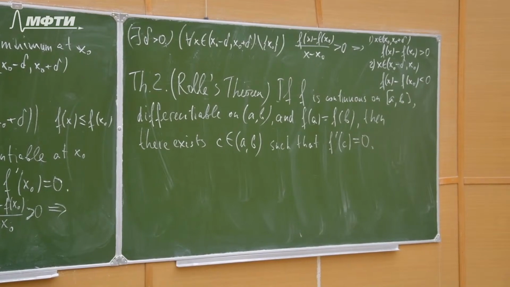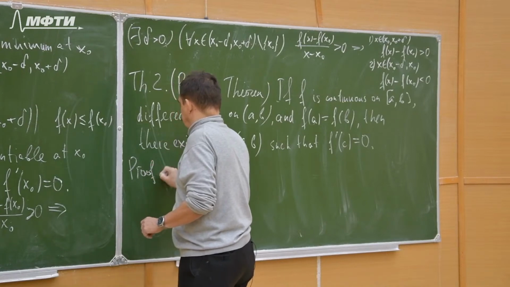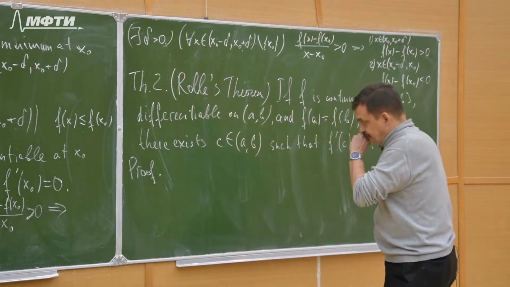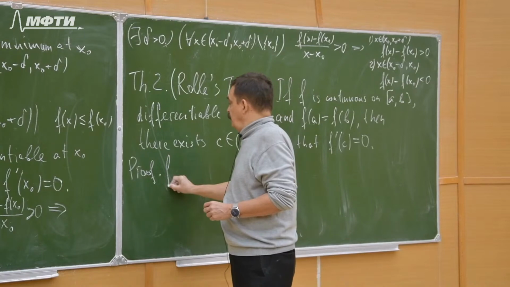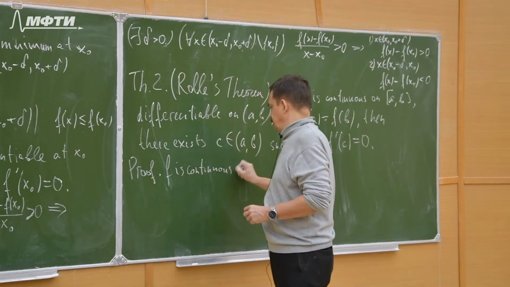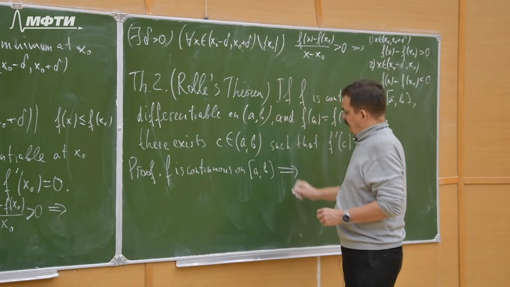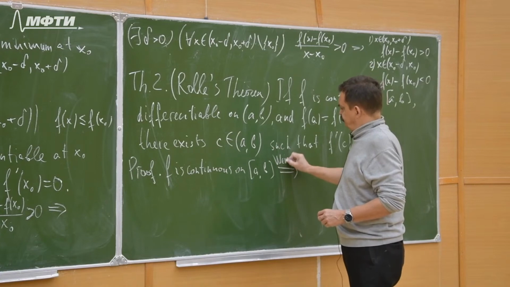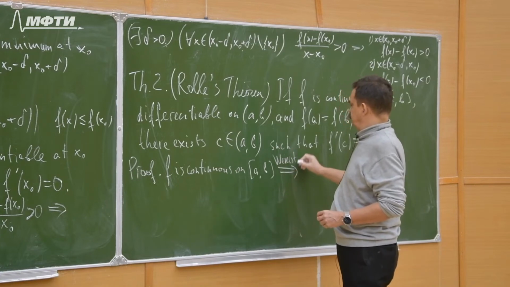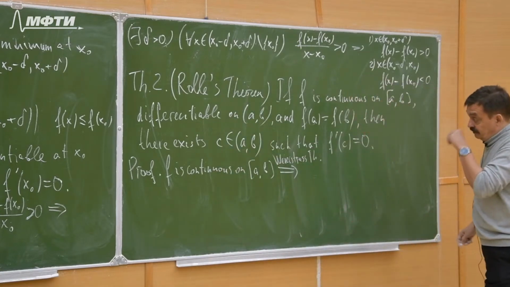Proof. f is continuous on a closed interval AB. Hence, by the Weierstrass theorem, f has a maximum and a minimum.